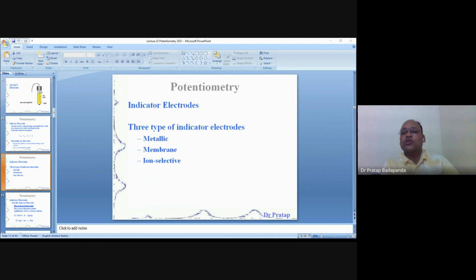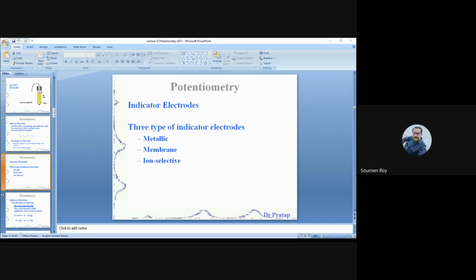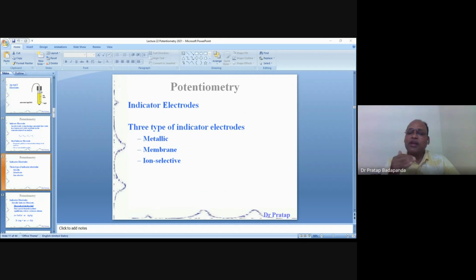It converts hard water to soft water, right? The water purifier you are using at your home only converts hard water to soft water. Am I right or not? Yes, sir. Only hard water to soft water.